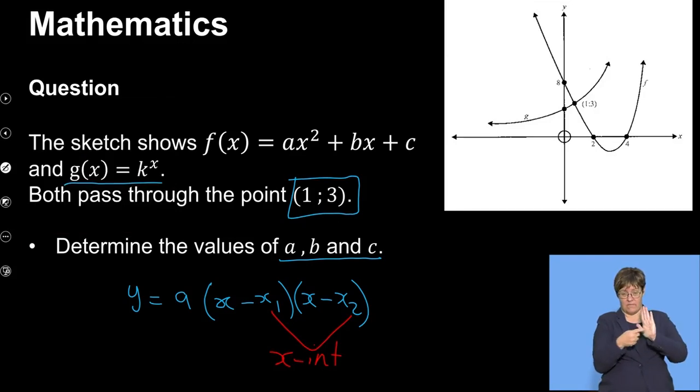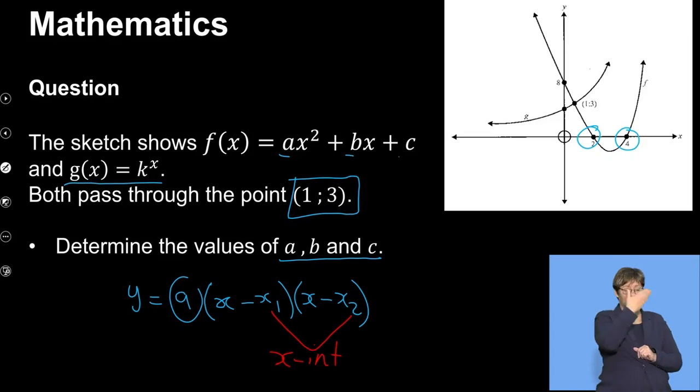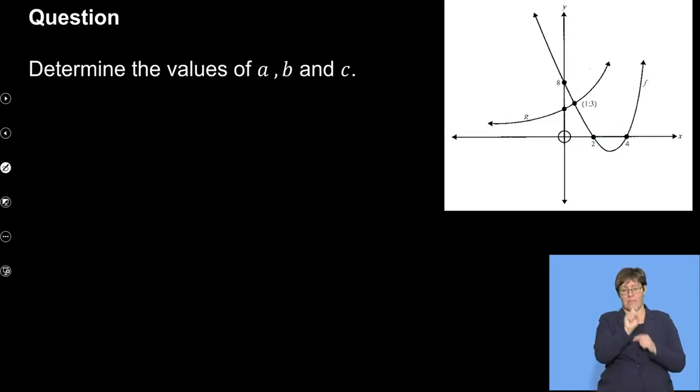The x-intercepts are normally seen where the graph is intersecting with the axis, which is at 2 and 4 in terms of this graph that we have here. And then we don't know what a is because all the three letters need to be found. So I'm just going to substitute my x-intercepts and then substitute the point that I was given.